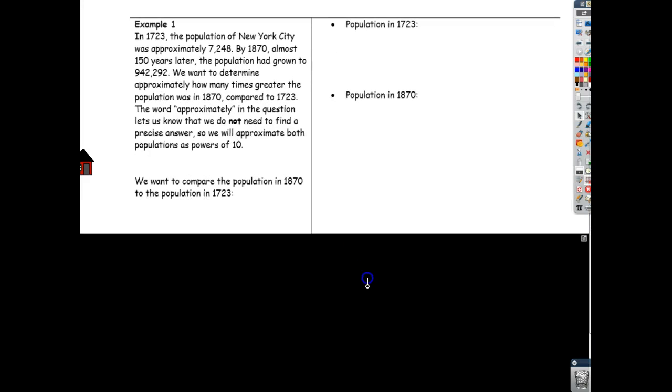What we did in population is 1723, we took 7,248, and we looked at the power of 10 that exceeds it. This right here is the power of 3, 10 to the third power.